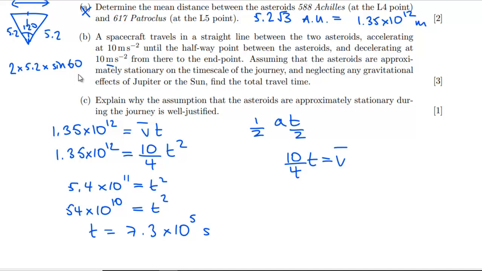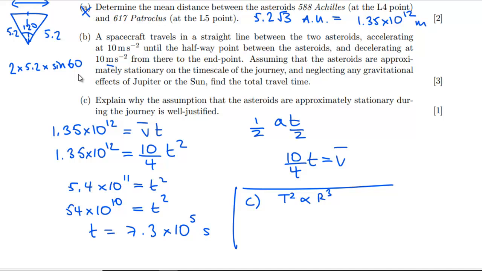Explain why the assumption that the asteroids are approximately stationary during the journey is well justified. So we're going to have to say something about how long the orbital period of Jupiter is going to be. So Kepler's third law: t squared is proportional to r cubed. If we compare this to the Earth, this is going to be a constant.